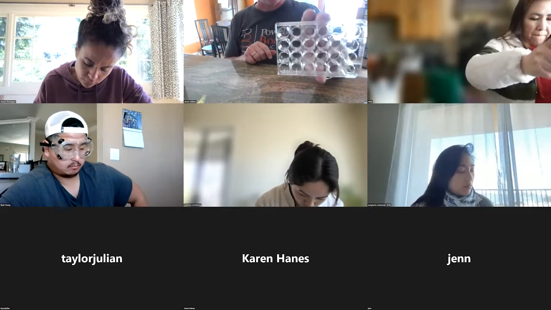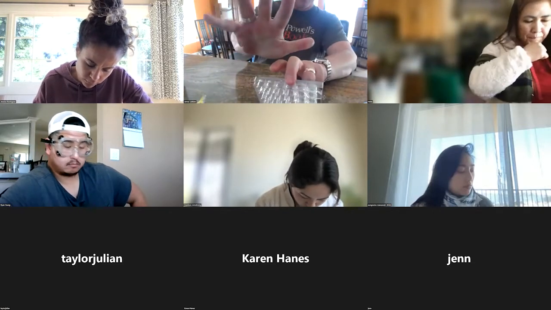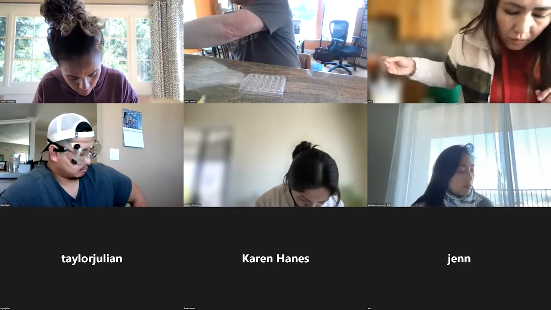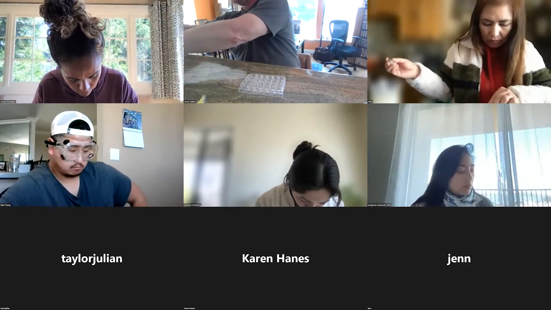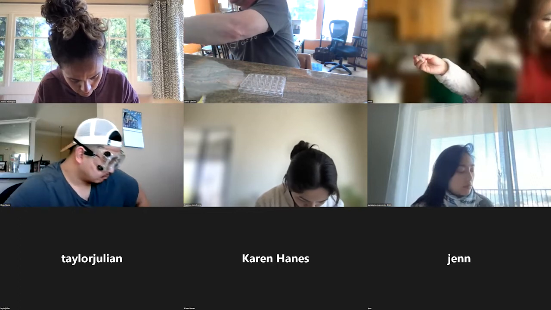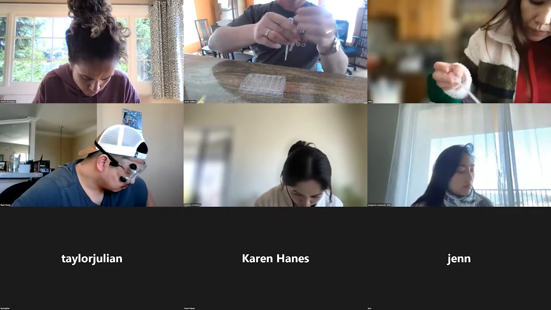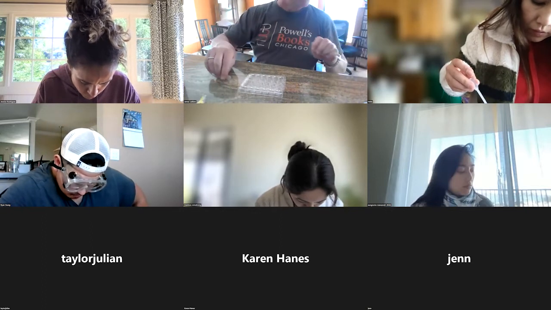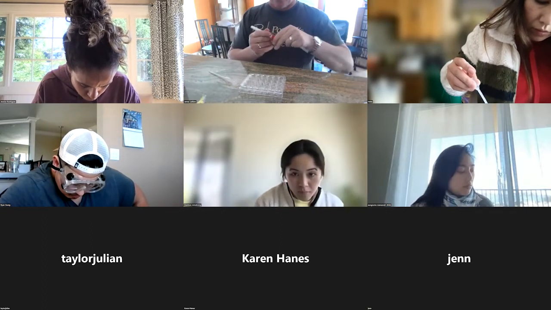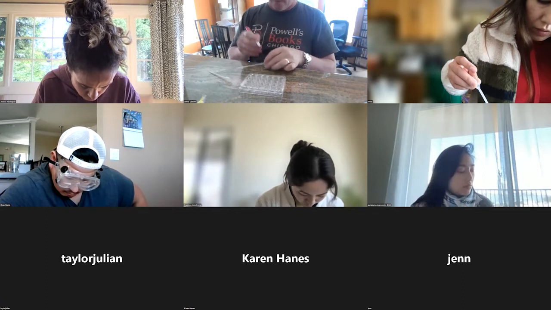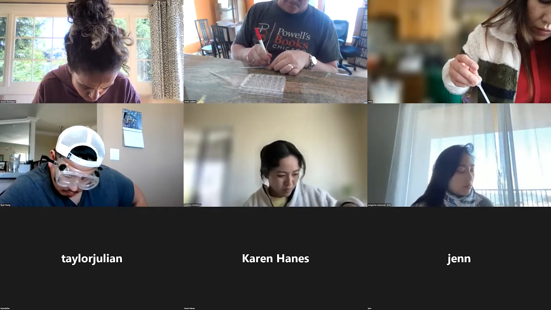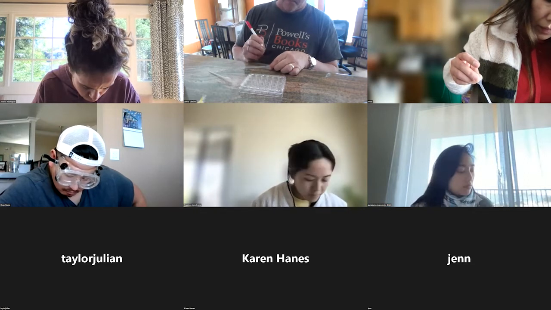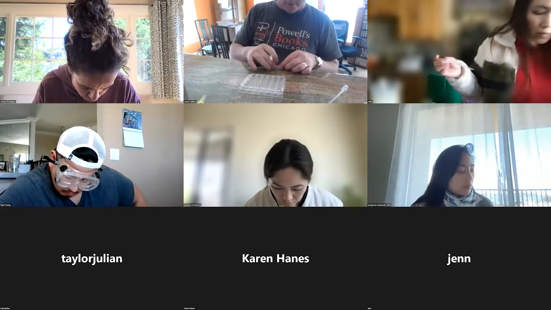So now I go to my plate. I'm going to make my 5 different dilutions. So one of my bulbs will be catalase and the other one will be water. So I'll label them so I don't mix them up. And water.